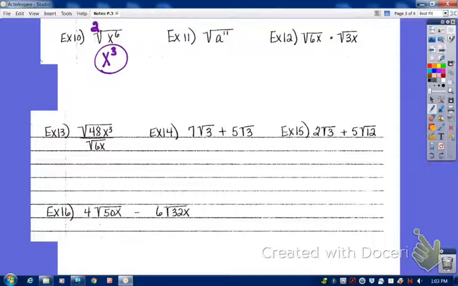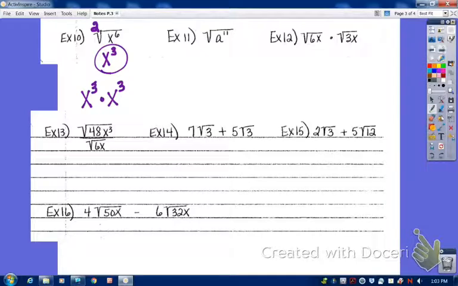Let's just check that. Yeah, because what are we going to do with those exponents since we're multiplying? We're adding them. Okay, so that problem says, what is the square root of x to the 6th? So the quickest way to do that is if you're taking the square root, you divide 2 into the exponent.